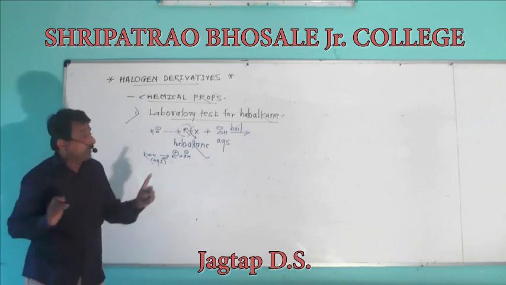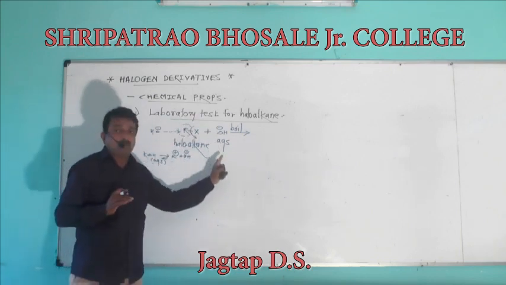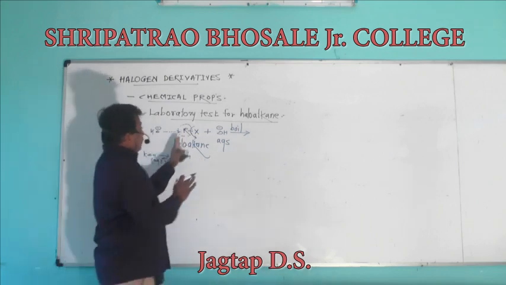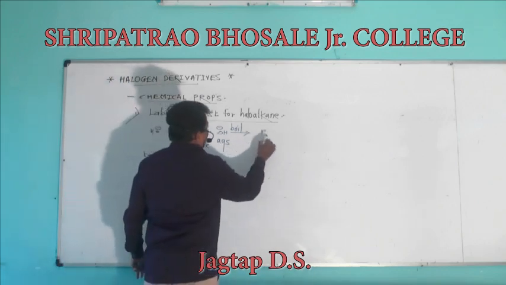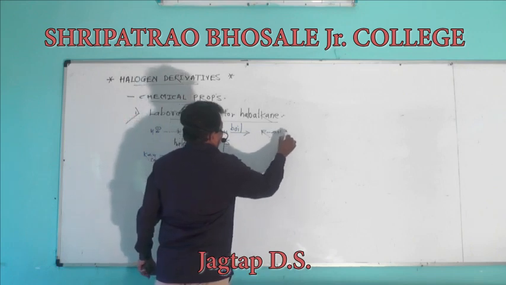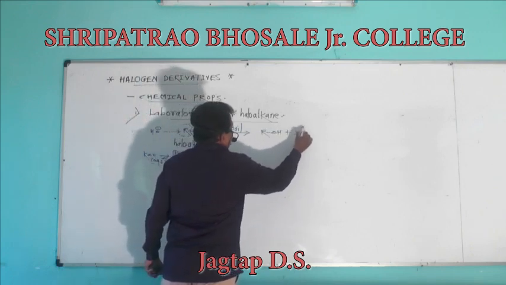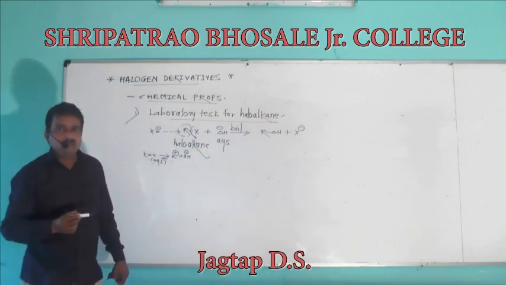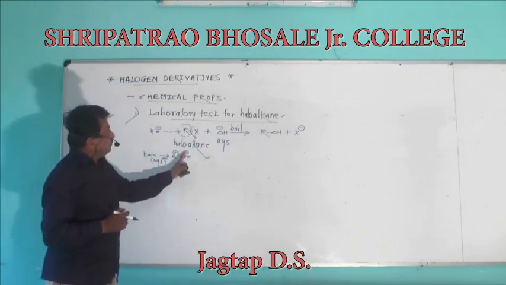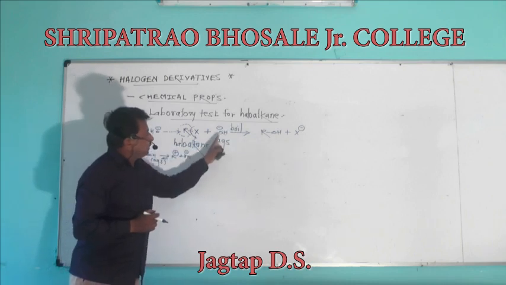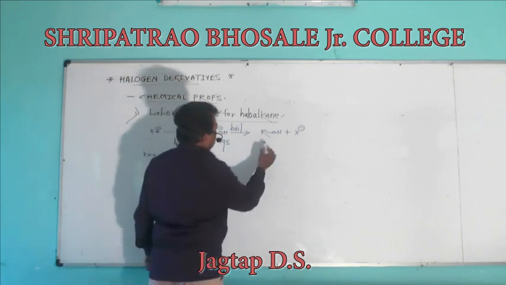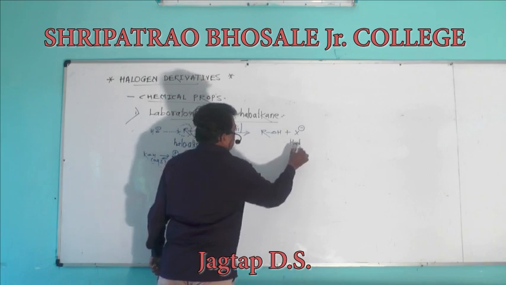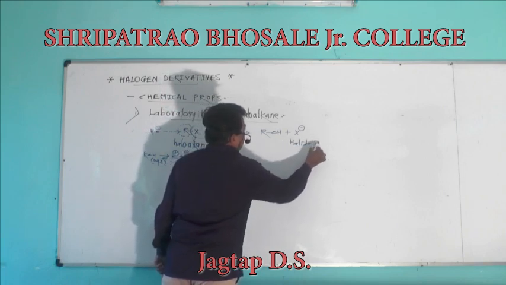Heterolytic bond fission takes place in the presence of a polar solvent. So, haloalkane is boiled with aqueous alkali to form monohydric alcohol and halide ion.